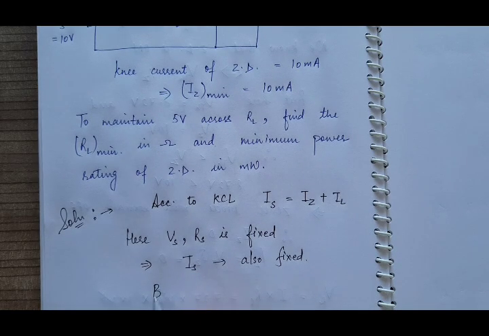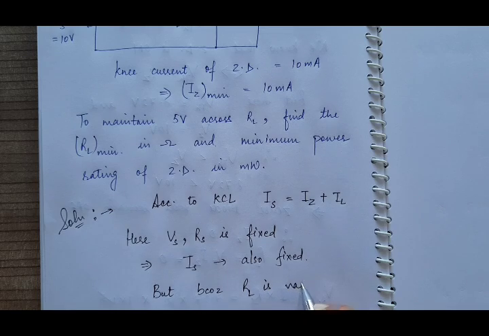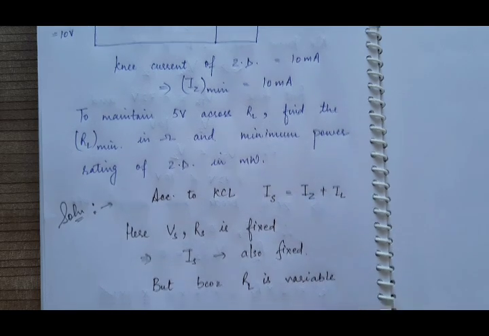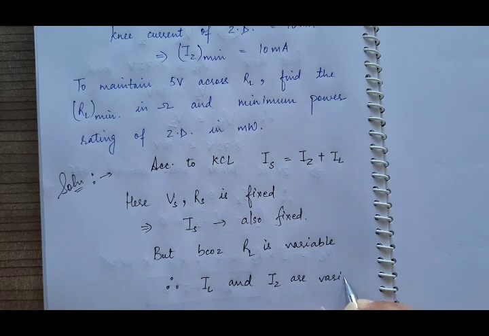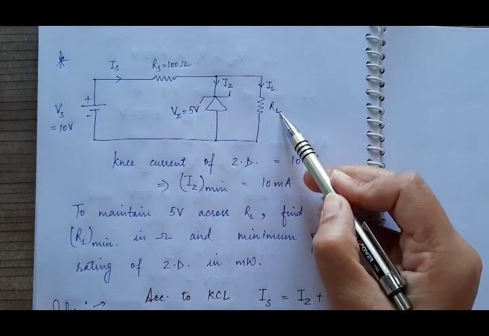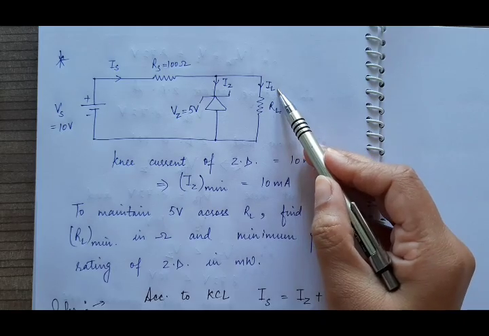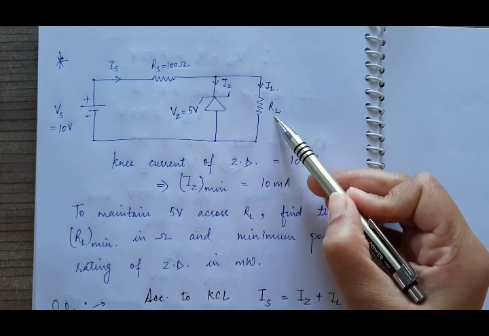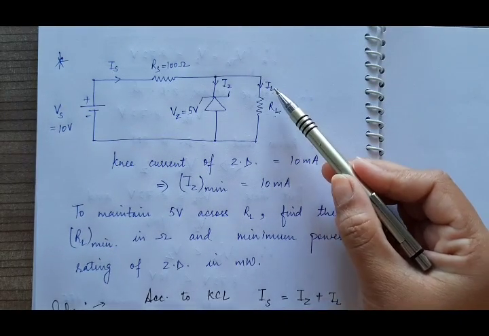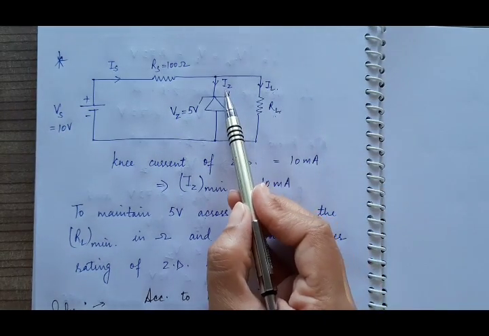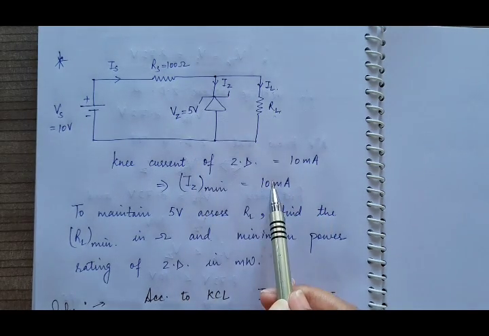But because RL is variable, therefore IL and Iz are variable. And we have to find the minimum value of RL. When RL is minimum, the current through it will be maximum. So to calculate the minimum value of RL, we need the maximum value of IL. When IL is maximum, at that time Iz will be minimum, that is given as 10 milliamperes.